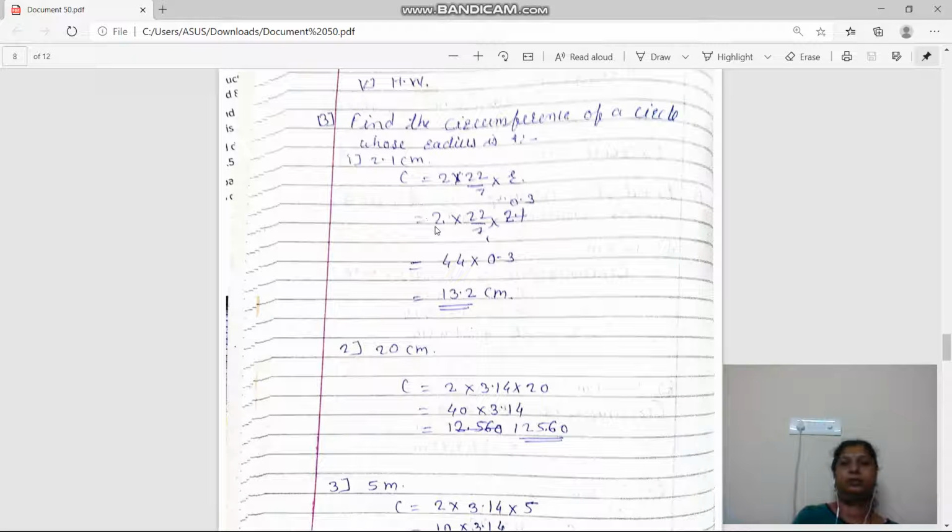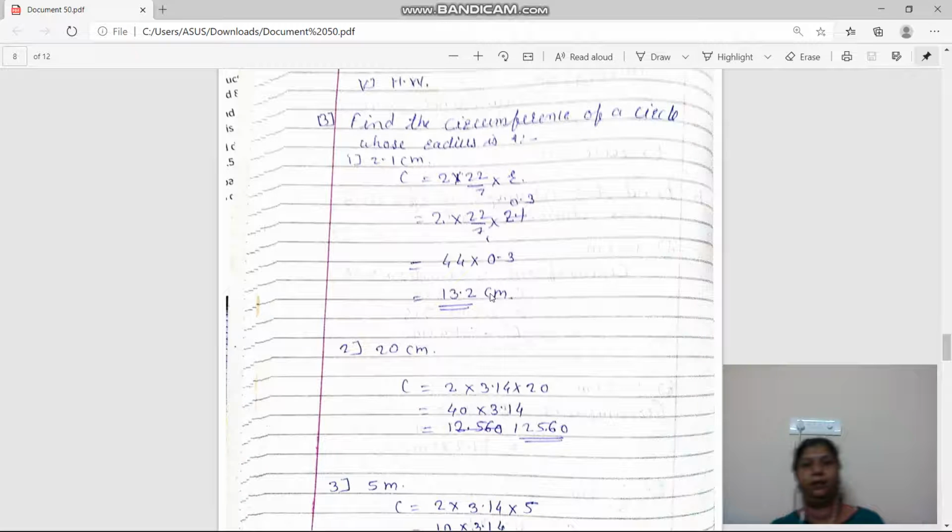So C is equal to 2 multiplied by 22 upon 7 multiplied by 2.1. So 22 2s are 44, and 7 1s are 7, 7 3s are 21, and this decimal is given. So 44 multiplied by 0.3 we get 13.2 centimeter.